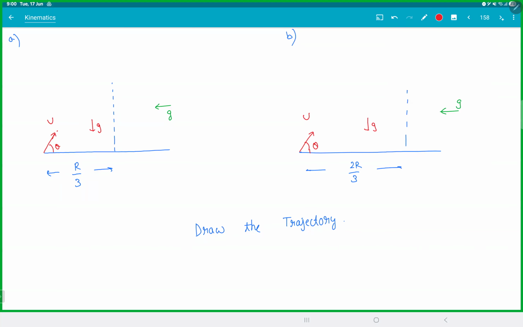When you're going like this, at this position, you still have a horizontal velocity ux and vy is vertical.